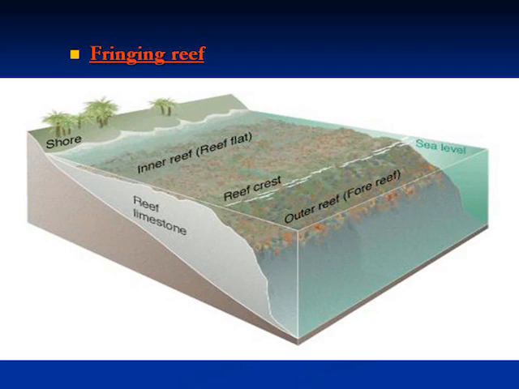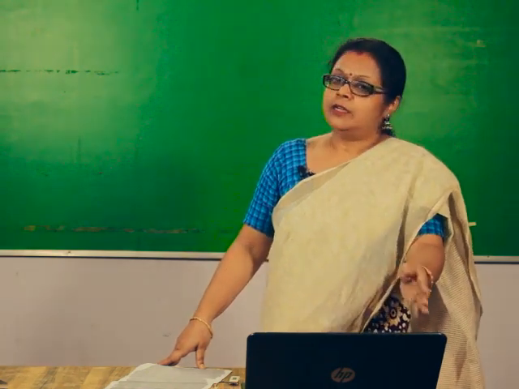This is a cross section of the land portion that is going to the sea. From the outer portion we can see the outer reef, which is the deepest part of the ocean. Ultimately the sea is going within the shore portion, where we can see the water is coming and going within the inner reef flat portion.